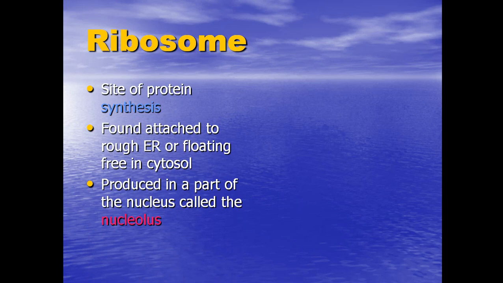Another very interesting organelle is found in the cytoplasm, either freely in the cytoplasm or on the surface of the endoplasmic reticulum. You can see these ribosomes, which are considered the site of protein synthesis.